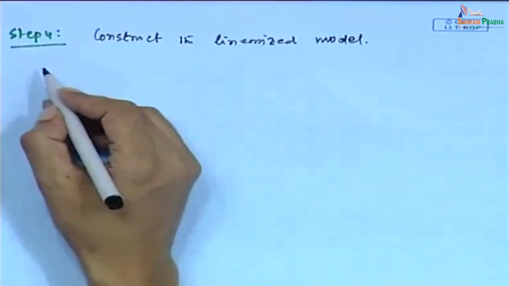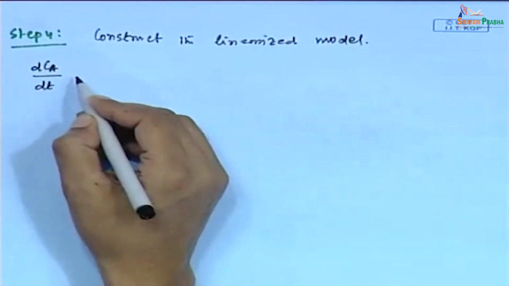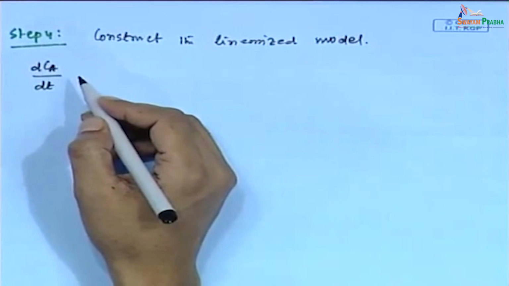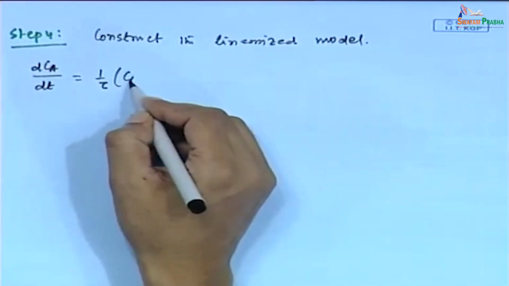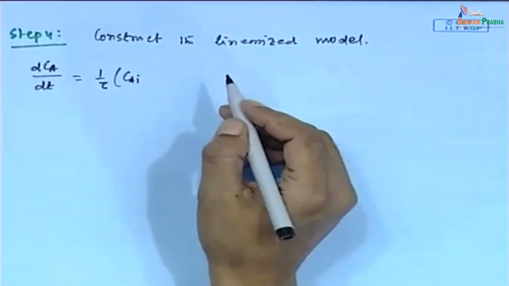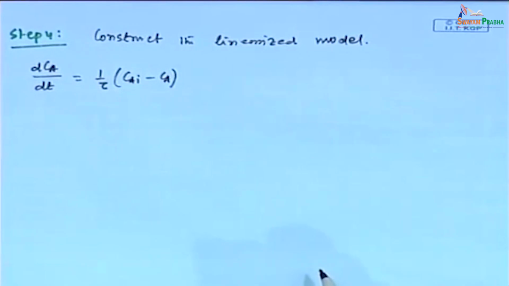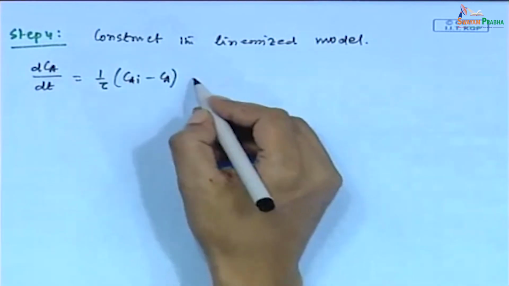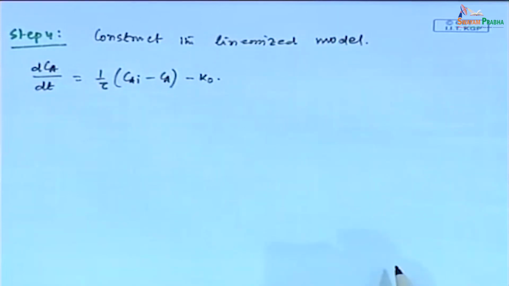So, for the case of concentration, we will get this equation dCA/dt. First right hand term is 1 by tau (CAi minus CA). Fine. Next term is k naught multiplied by the nonlinear term.